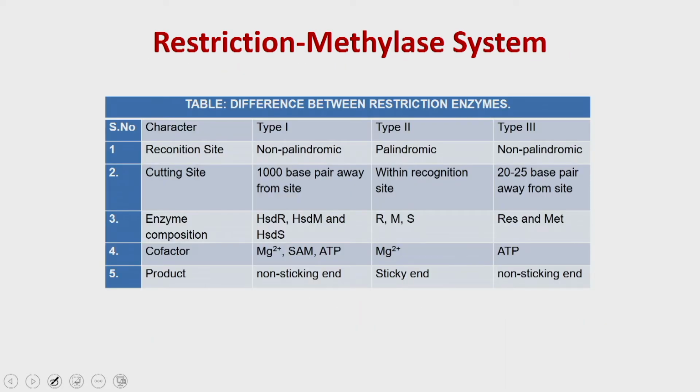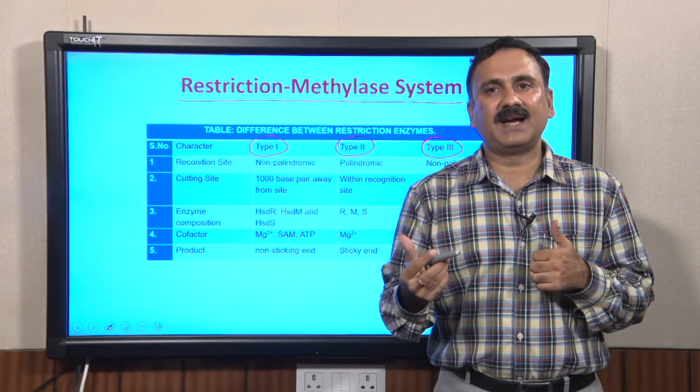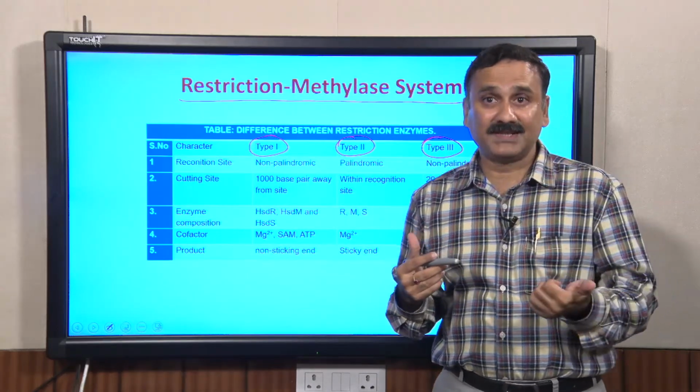Then we have also compared the different types of restriction enzymes present in the system. You have the type 1 enzymes, type 2 enzymes, and type 3 enzymes. They are very different in terms of their cutting properties, their cleavage site as well as their recognition sites.